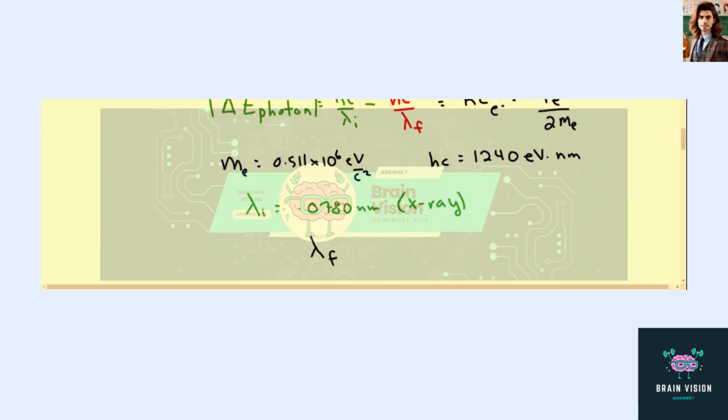Let's write that down. Lambda final is equal to 0.0780 plus hc over mc squared times 1 minus cosine of 180, which is just 2.